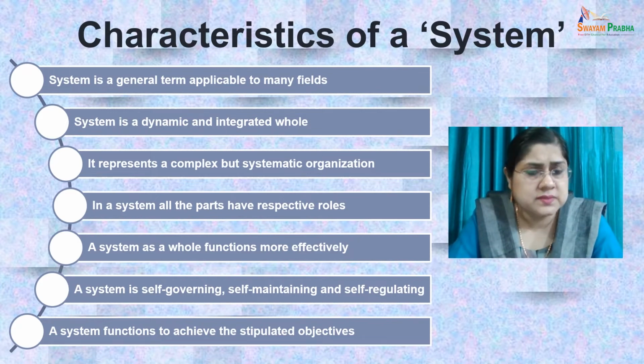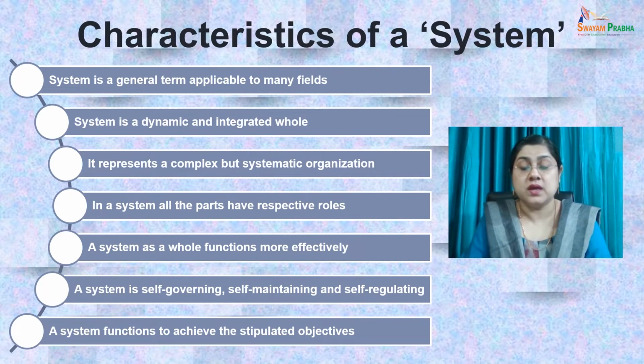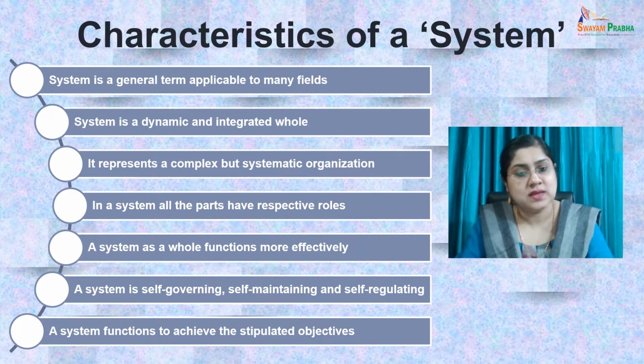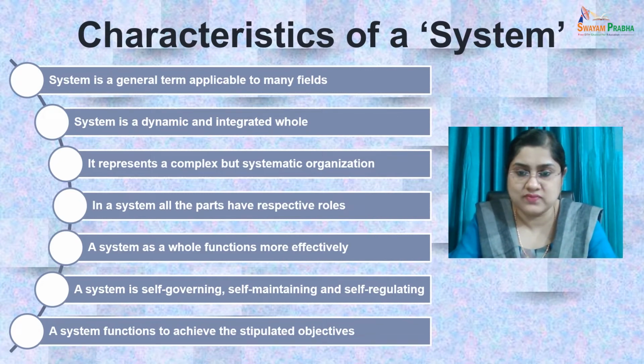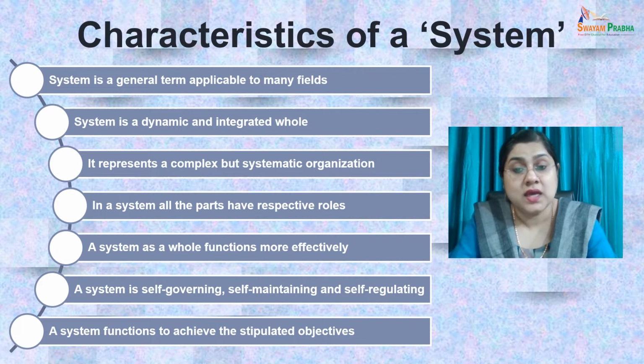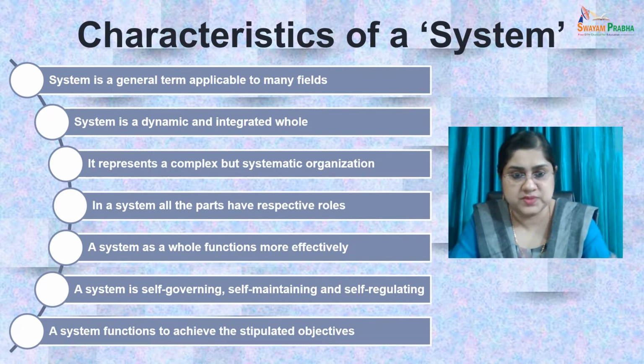Then, a system is a dynamic and integrated whole. It is not merely a sum total of its parts or elements. So, although a system is made up of various parts, the entire machinery, which has a lot of components or parts, intends to work on the same objective.